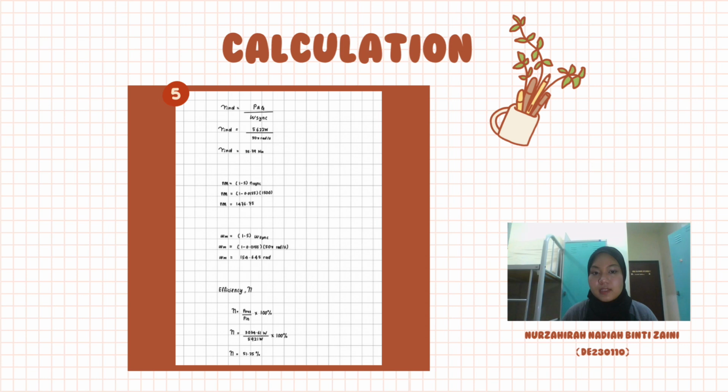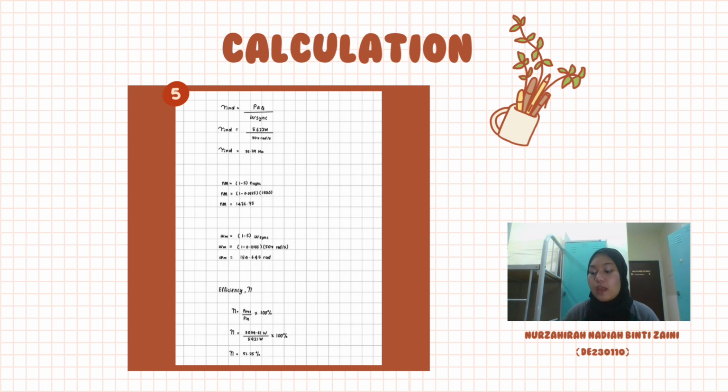Next, we need to find the torque induced. The formula of torque induced is power air gap divide W sync. So we get the value of torque induced is 35.74 Newton meter. Next, we need to find the Nm.